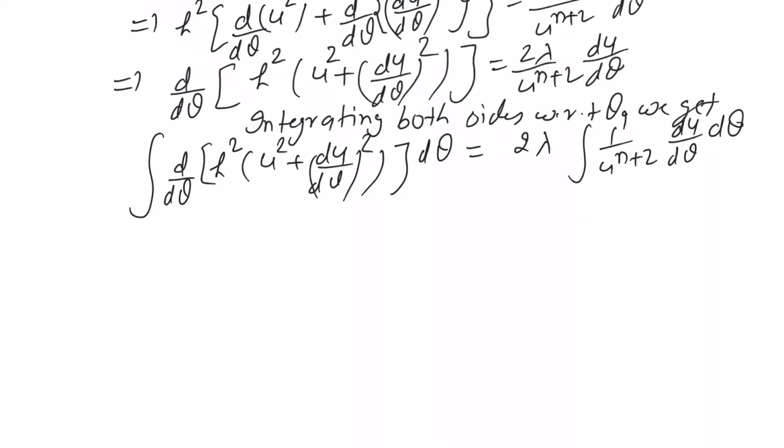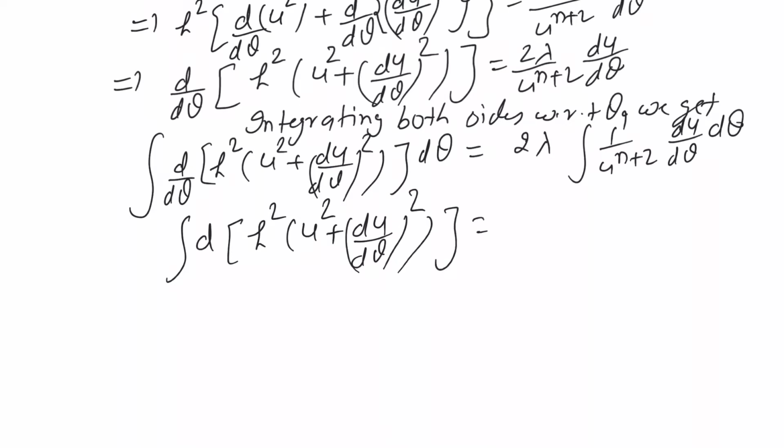So in the next step we are writing h² (u² plus (du/dθ)²) is equal to 2 lambda the integral of u^(n+2) du. Look here again, this dθ is like cancelling, but we will not cancel it physically. It is a kind of inverse operation. So du here will be the total differentiation, and this is integration.